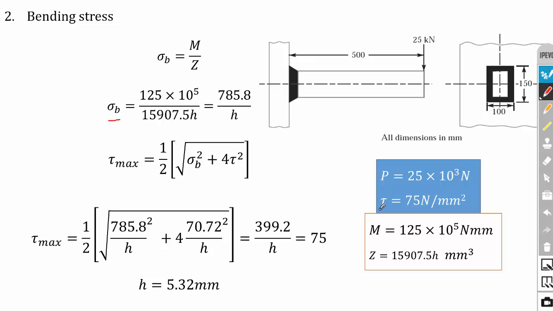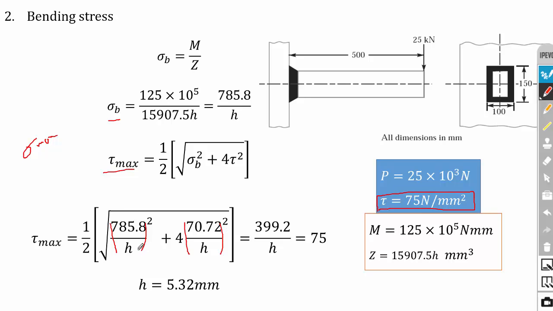So in the problem, they have given the maximum shear stress equation. So we don't need to calculate the sigma max. So we can directly calculate the tau max, and tau max is equal to half root of sigma B square plus 4 tau square. Okay. So sigma B value we have calculated, that is 785.8 divided by H the whole square, and the tau value is 70.72 divided by H the whole square.